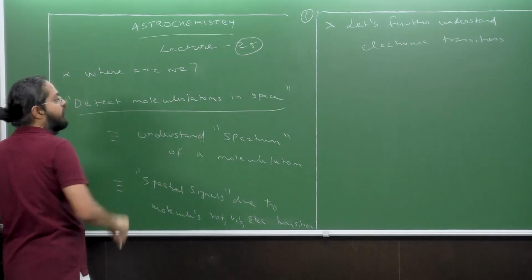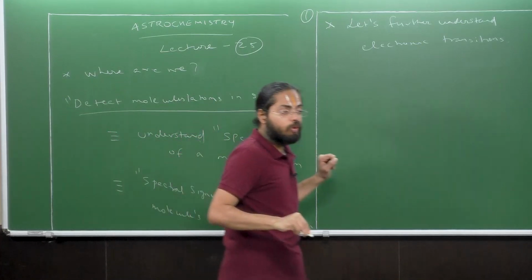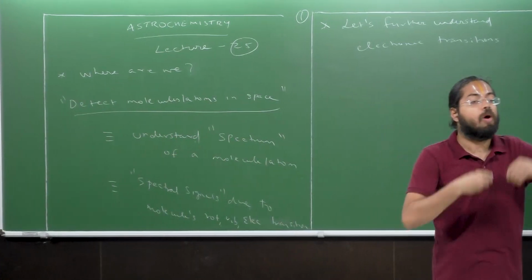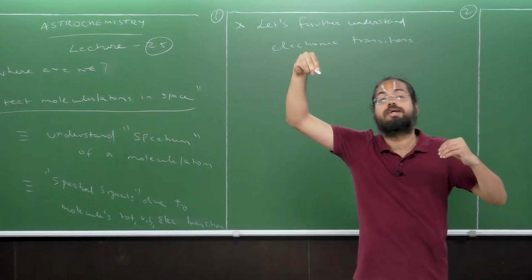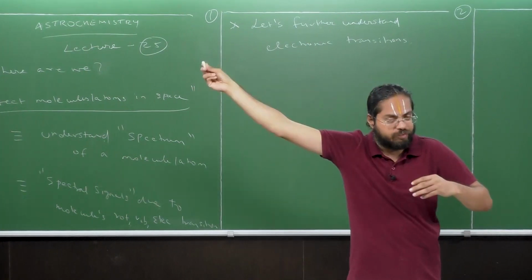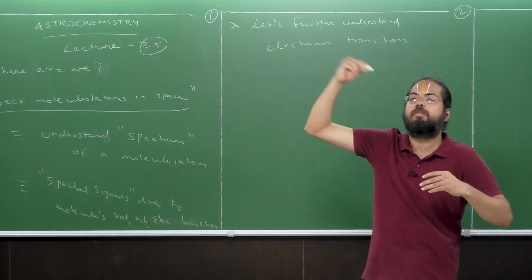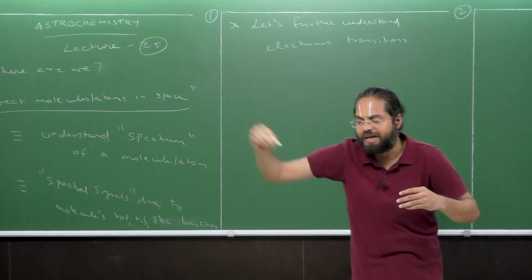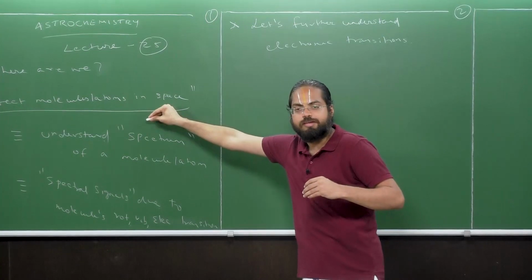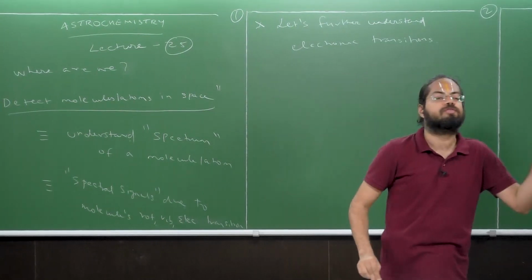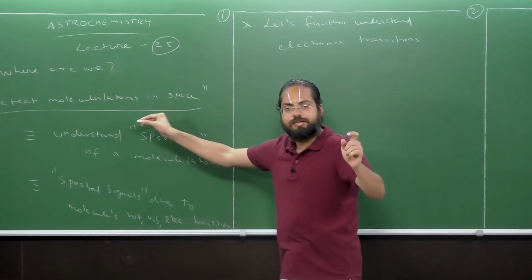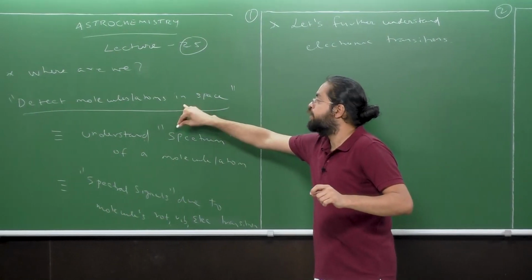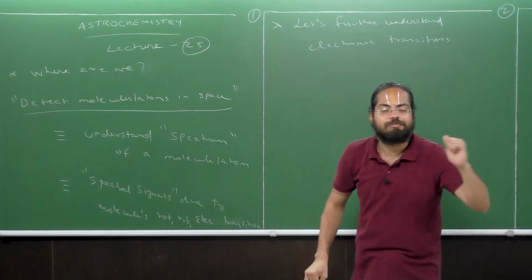To do something as phenomenal as detecting molecules lying in outer space, we're talking about the interstellar medium, which is so far away from us. We're talking about so many parsecs away from us. We're talking about such magnitudes of distance, but using the fundamental principles of science, physics, and chemistry, we can do some unbelievable things, such as detect molecules in space with certainty. Are we clear?